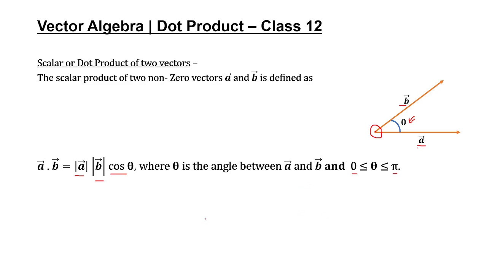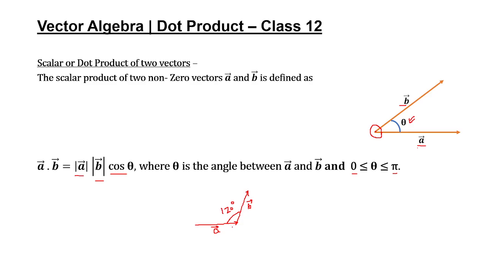To understand this further, let us assume this is one vector A and this is another vector B, and this angle is 120 degree. And you have to find the angle between vectors A and B.